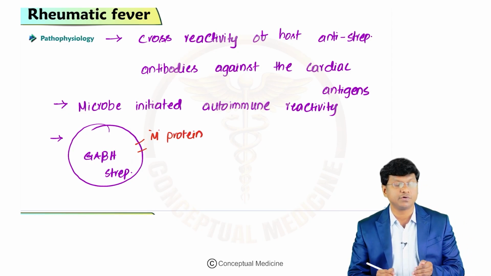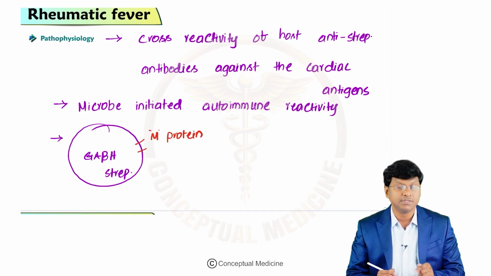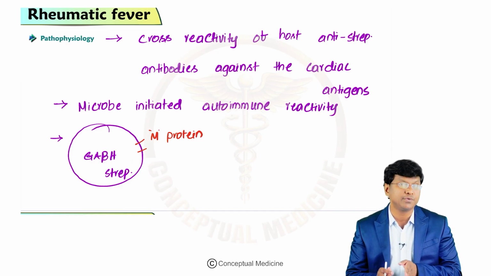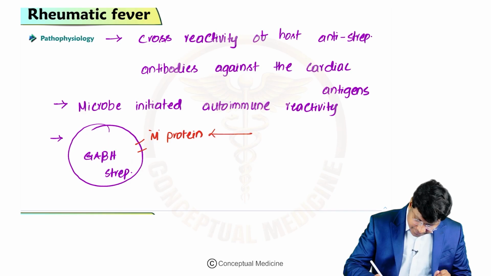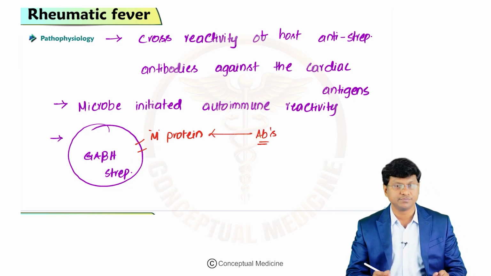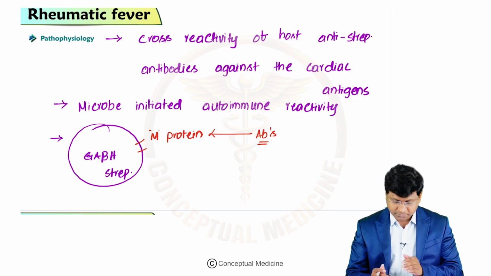Against this M protein, the individual forms antibodies to kill the organism.